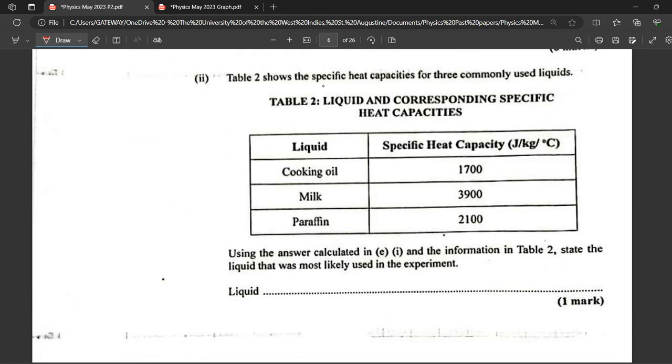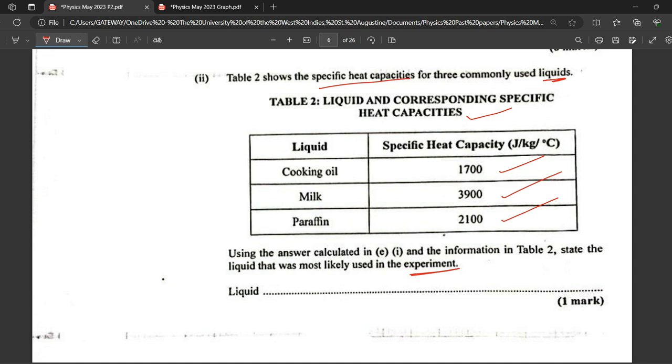Let's say table 2 shows the specific heat capacities of 3 commonly used liquids. We have liquid and the corresponding specific heat capacities: cooking oil, 1700; milk, 3900; paraffin, 2100. Using the answer calculated in part E 1 and the information in table 2, state the liquid that was most likely used in the experiment.